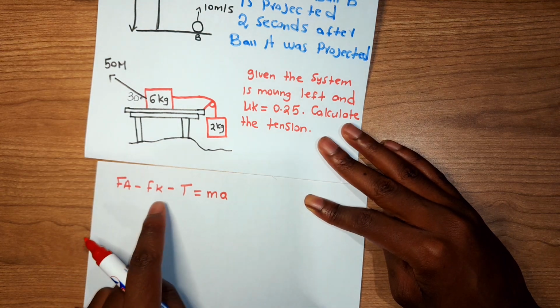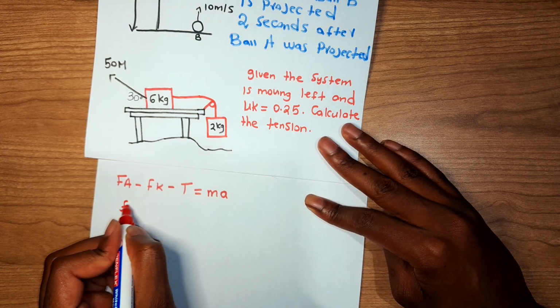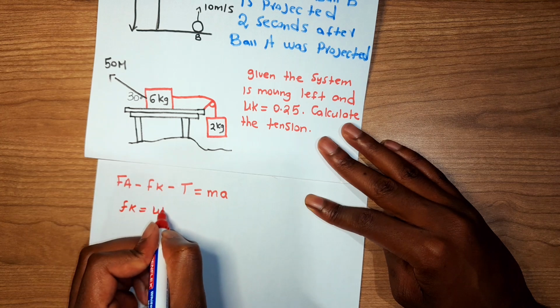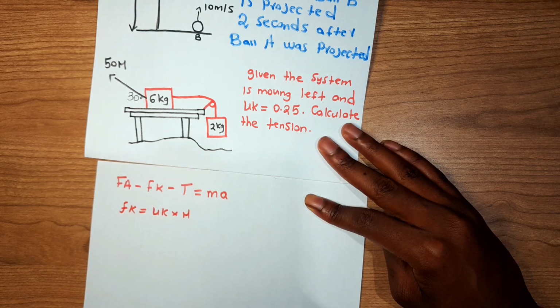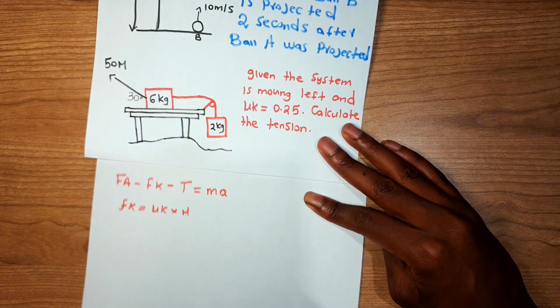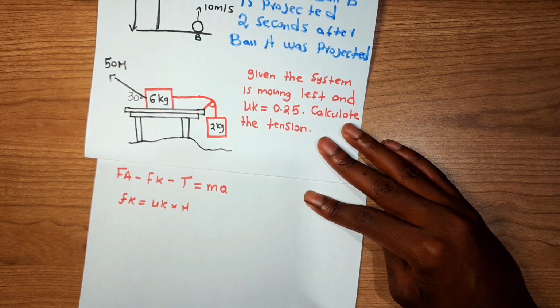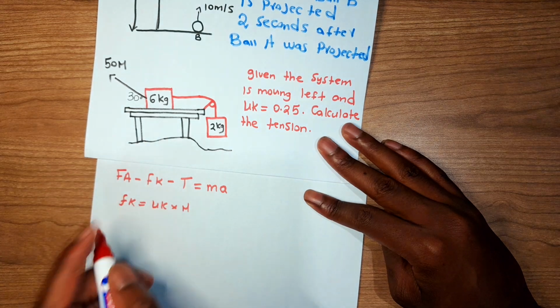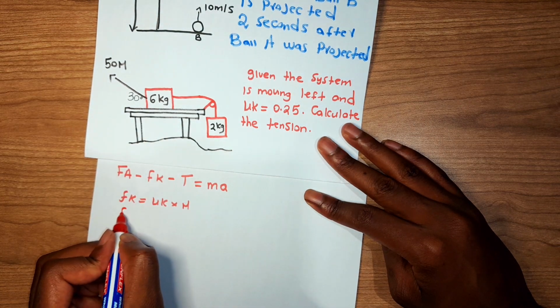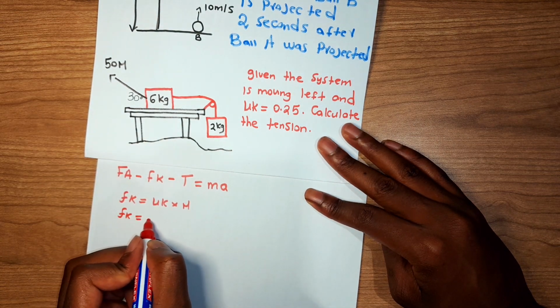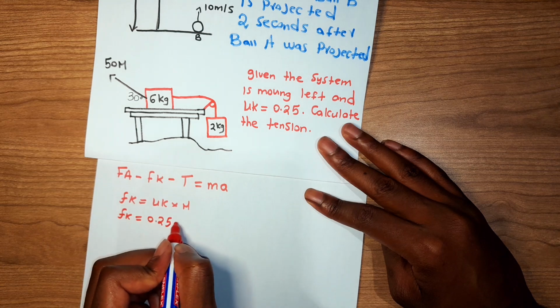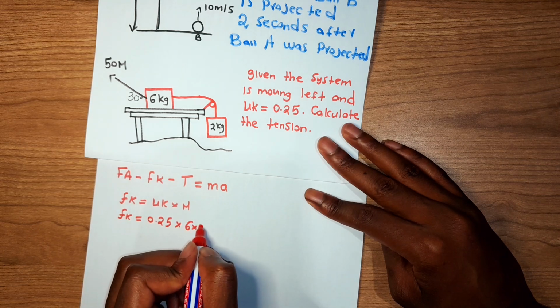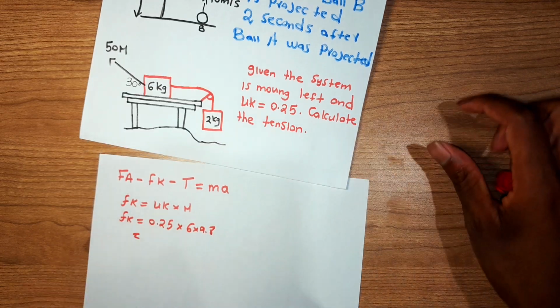So what is Fk? We know that Fk equals mu k times the normal force. At this point, what is the normal force of this? So friction equals 0.25, and the normal force is going to be 6 times 9.8, right?